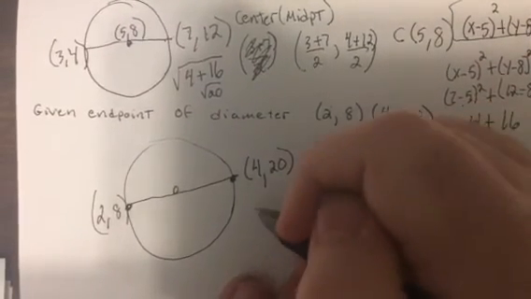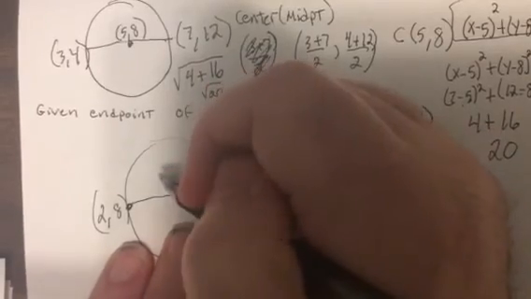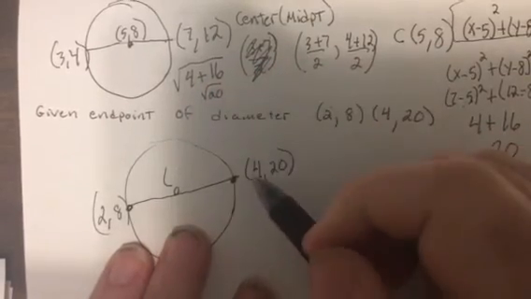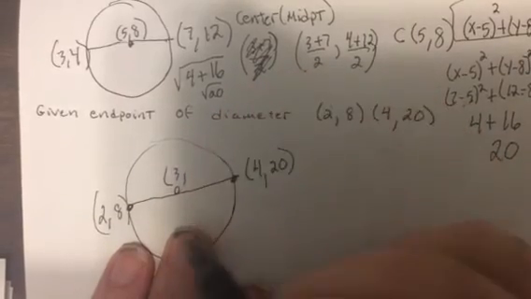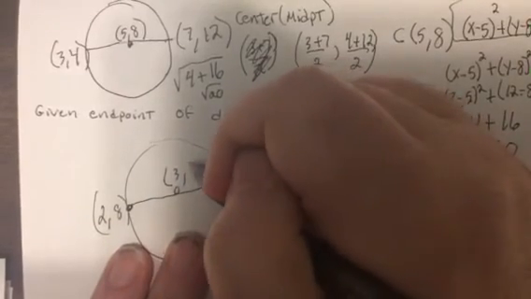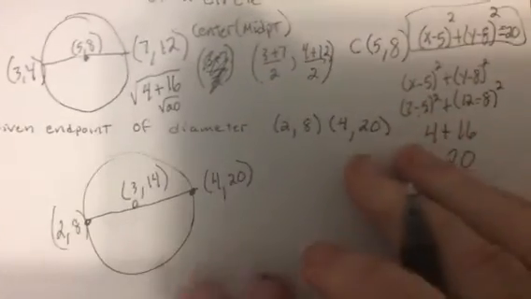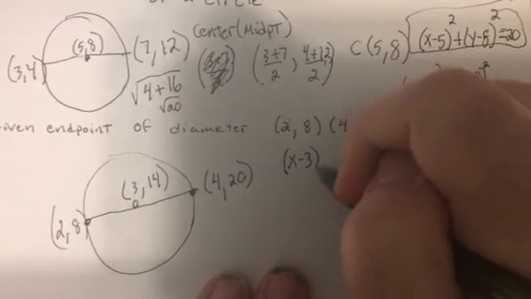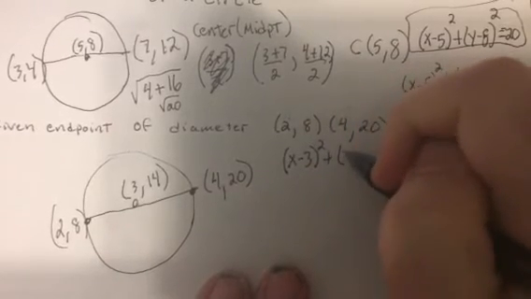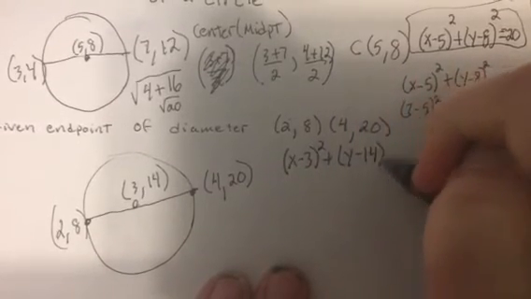So I know my center is the midpoint, which would be 4 plus 2 is 6, divided by 2 is 3. 8 plus 20 is 28, divided by 2 is 14. So I know that my left side of the equation is (x − 3)² + (y − 14)².